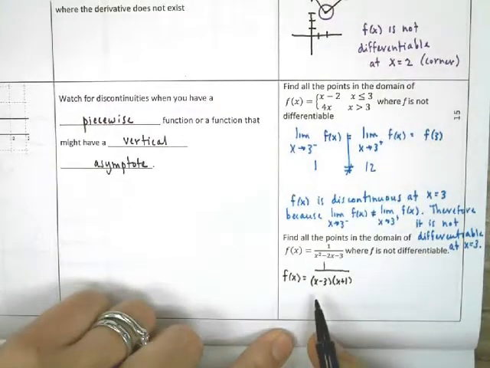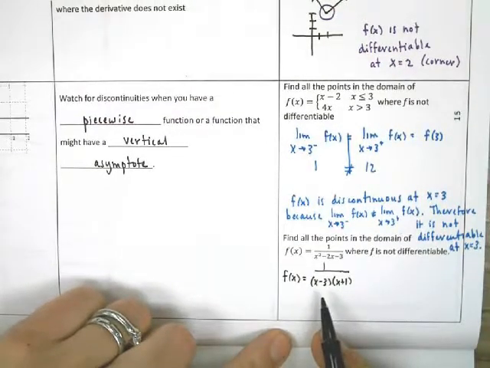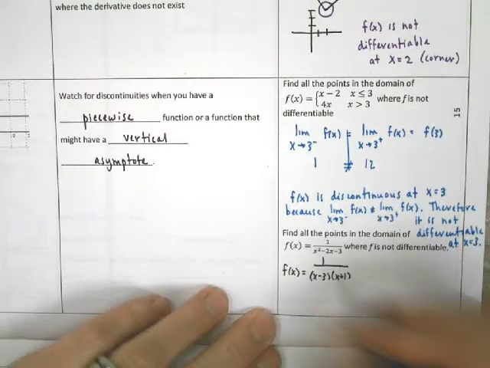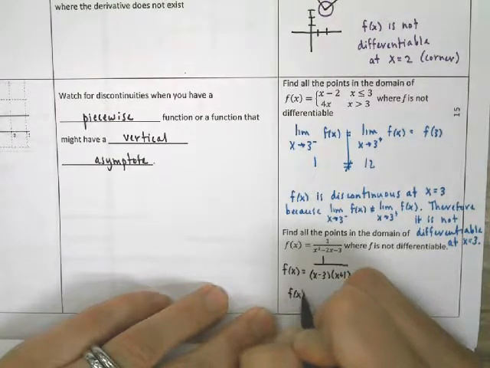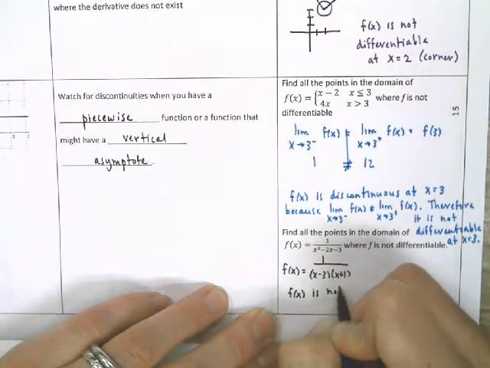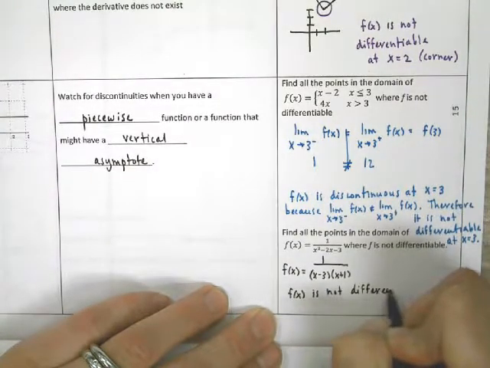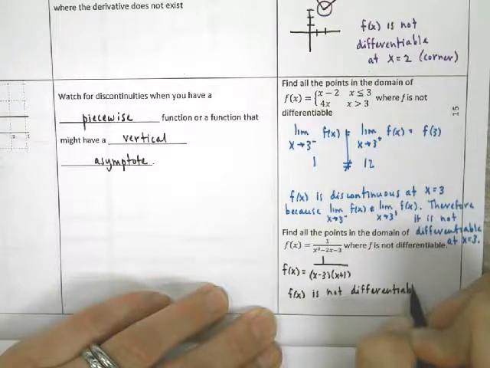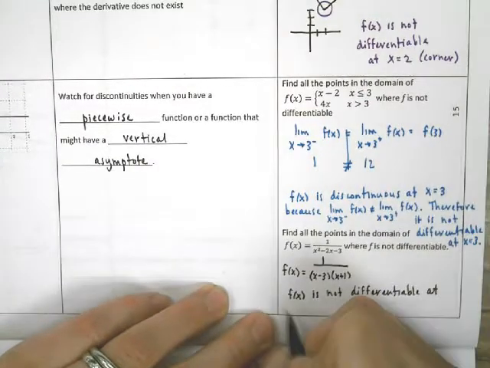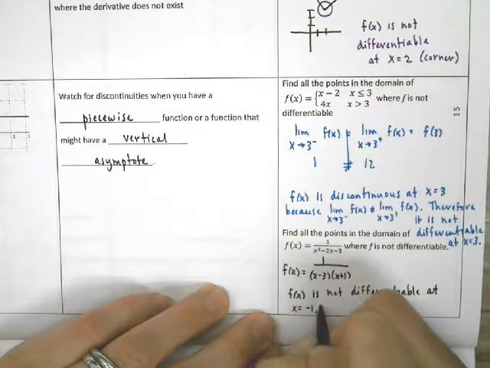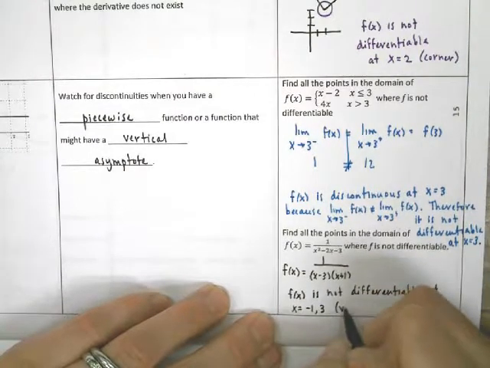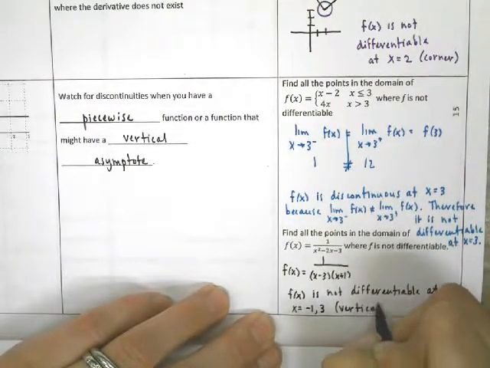So I know I'm going to have infinite discontinuities at x equals 3 and x equals negative 1. So I know that f of x is not differentiable at x equals negative 1 and 3 because of my vertical asymptotes.